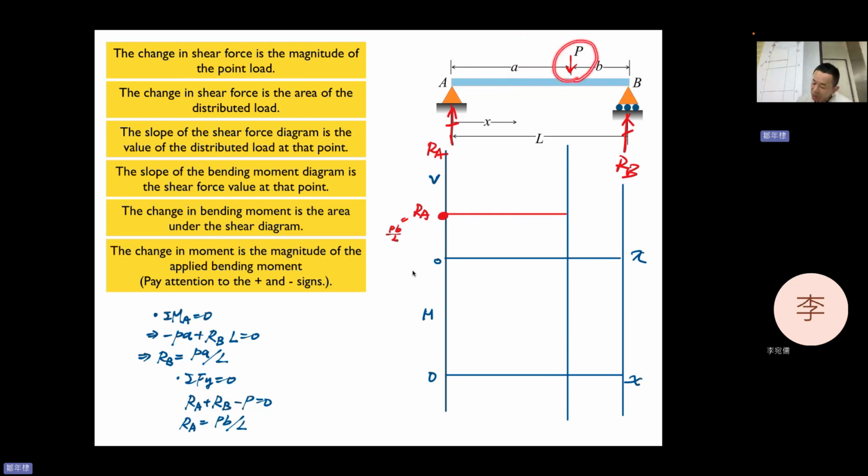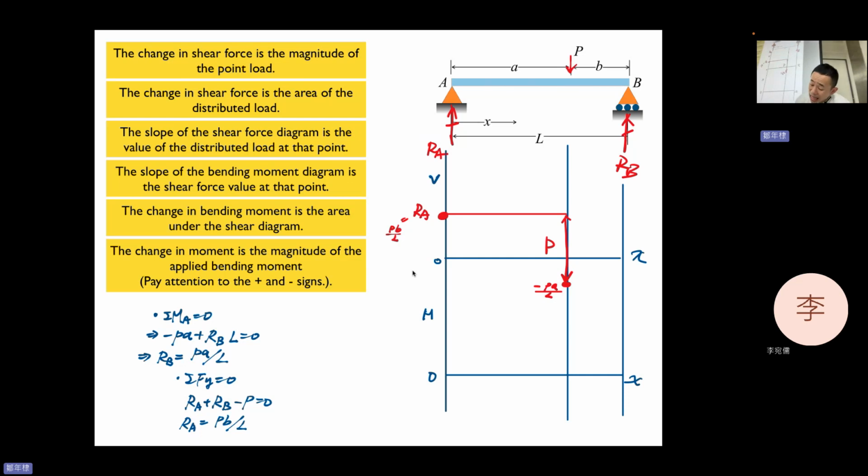Okay, now I meet a point load here. The change in the shear force is the magnitude of the point load. The magnitude of point load P, so I push downward by P, which is PB divided by L minus P. So this is minus PA divided by L. You can check.